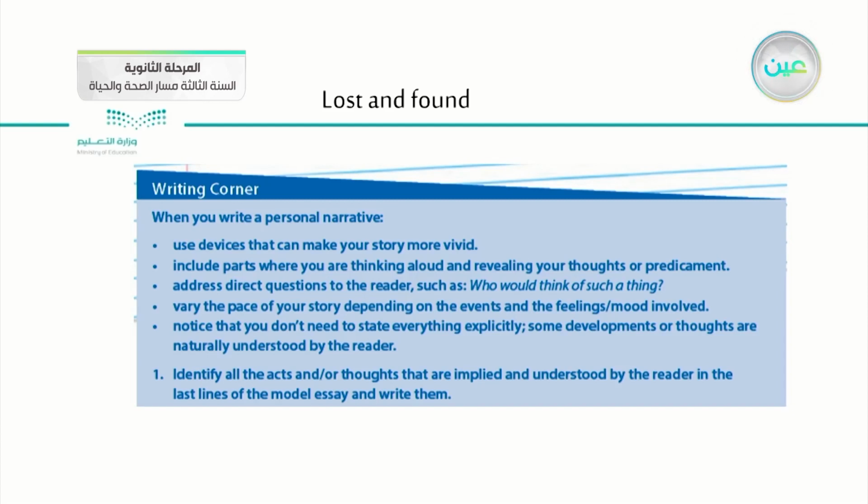Vary the pace of your story depending on the events and the feelings or mood involved. Notice that you don't need to state everything explicitly. Some developments or thoughts are naturally understood by the reader. Identify all the acts or thoughts that are implied or understood by the reader in the last lines of the model essay and write them.